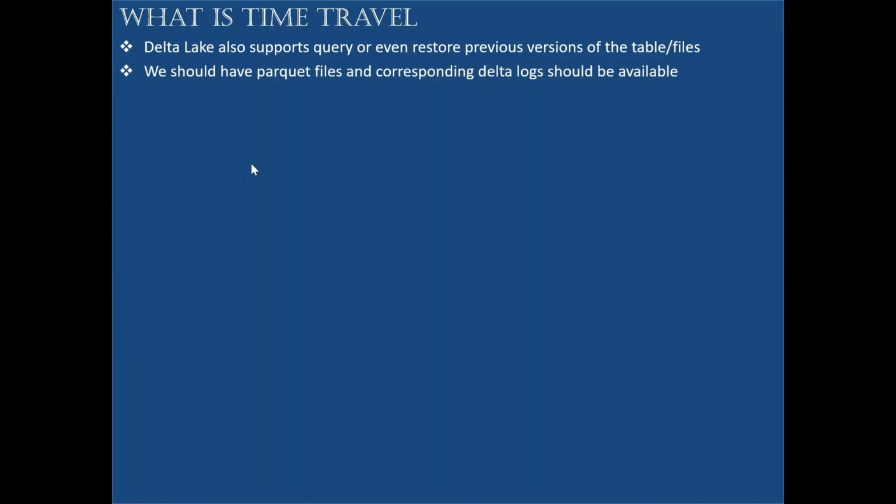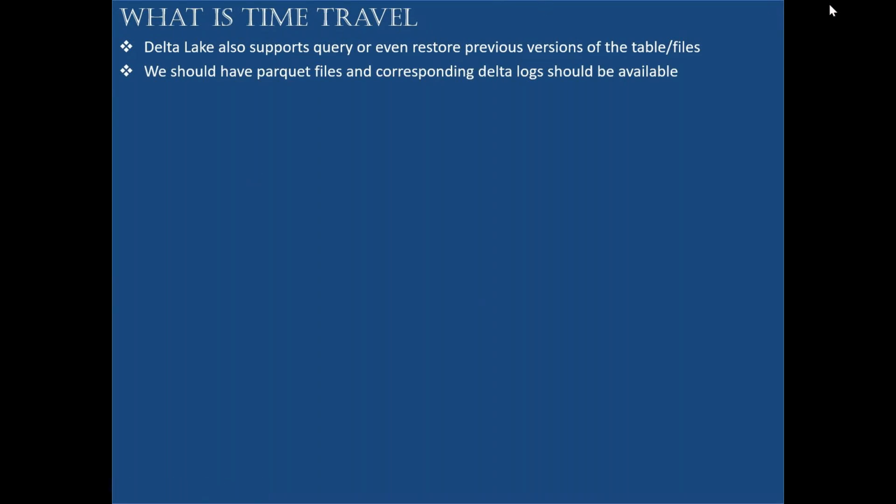So time travel is a feature which helps to query or even restore a previous version of the table or files. We should have the parquet files and the corresponding delta log available in order to query the previous versions of the data.